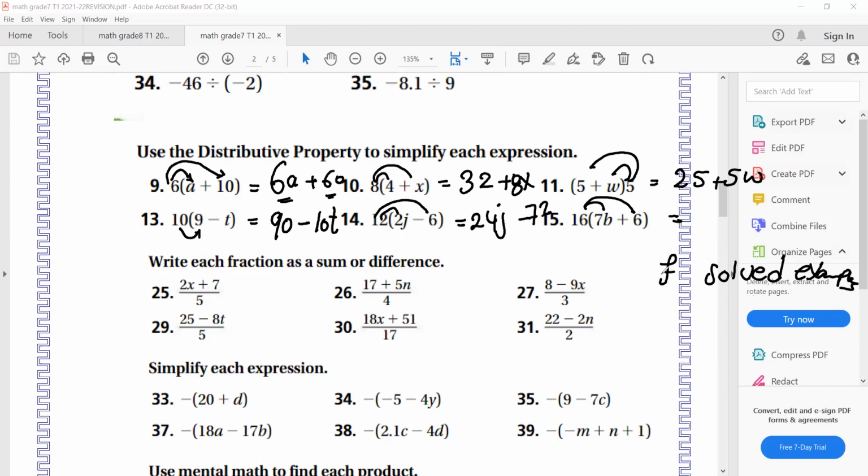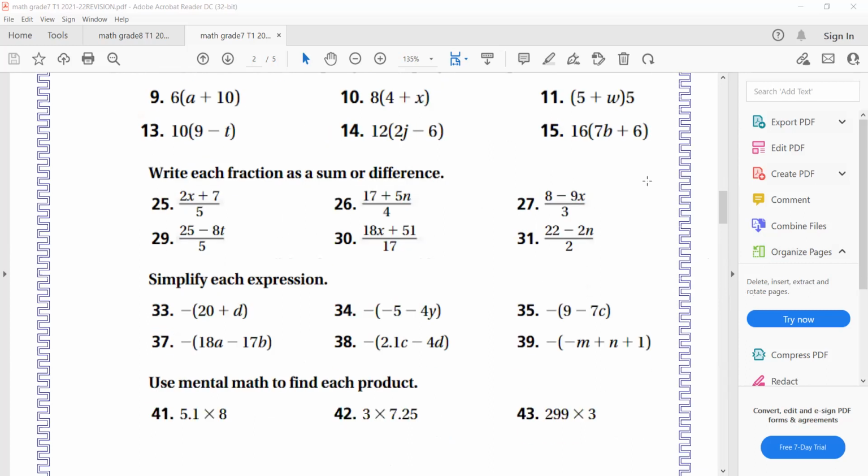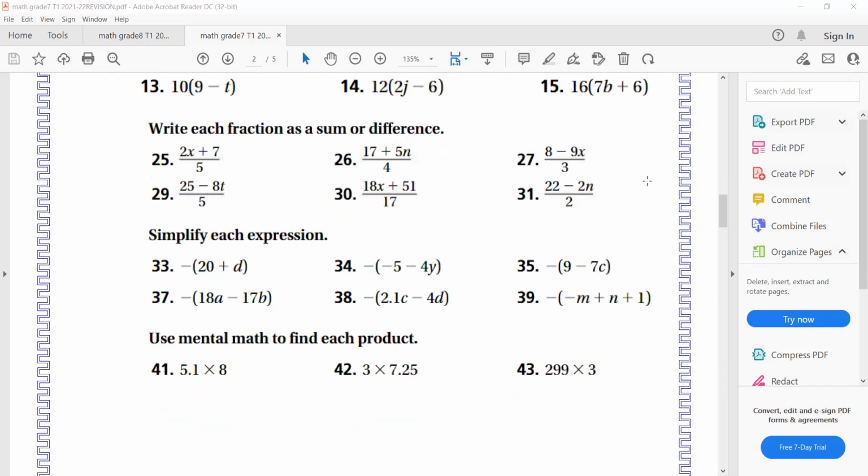Don't overdo it. Study all the solved questions in the textbook and the copybook, then answer the worksheet and you're done. If you do that, you will get the full mark inshallah tomorrow.